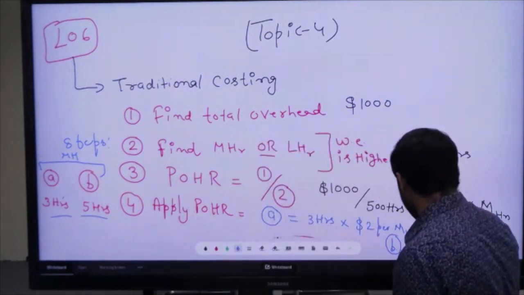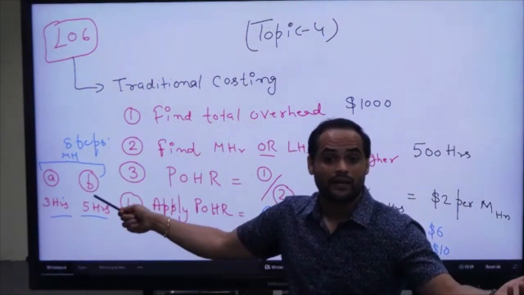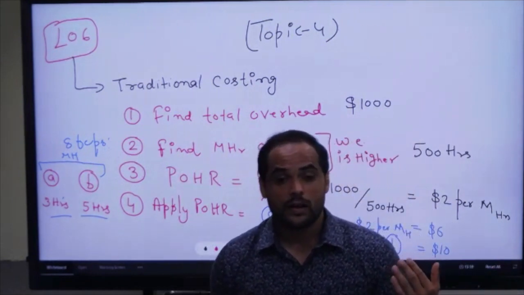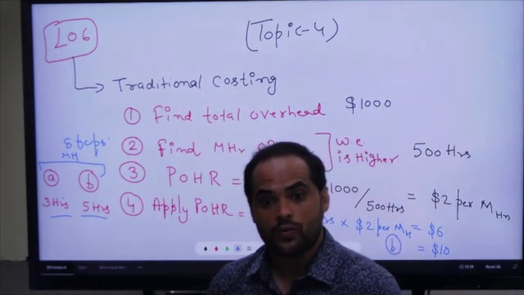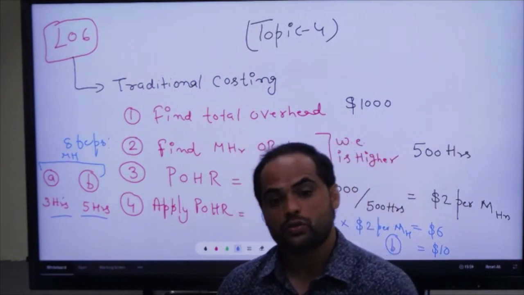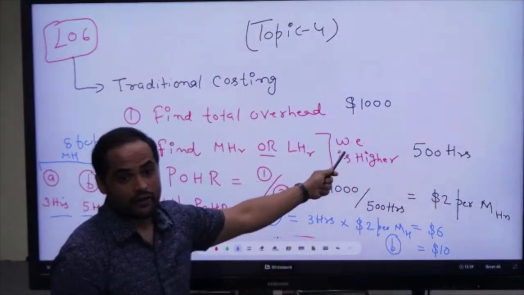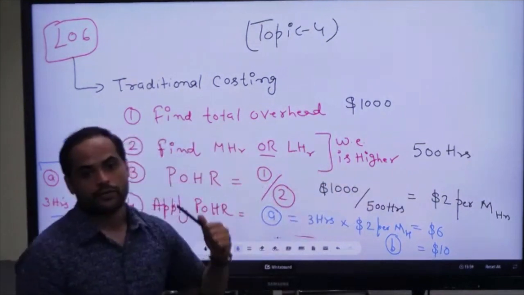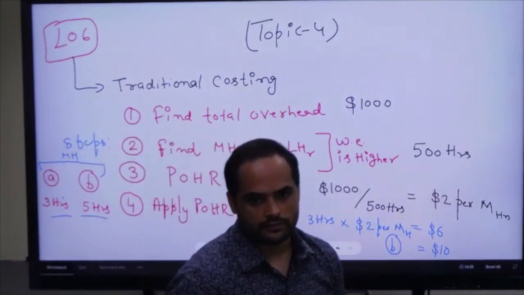It's wrong because it doesn't make any sense. Machine hour rate with machine hours, labor hour rate with labor hours. Of course, you will use only one, whichever is higher. So that's the idea behind traditional costing.